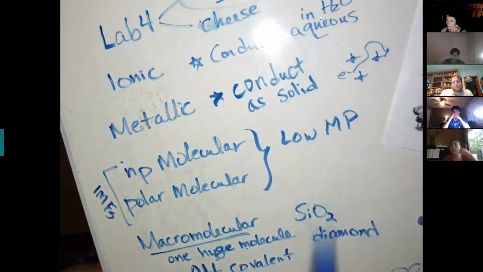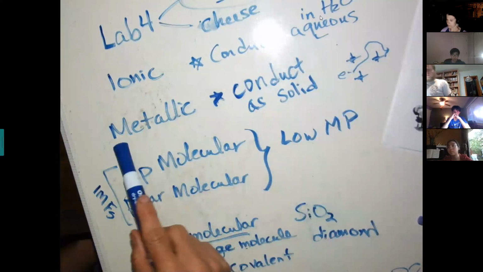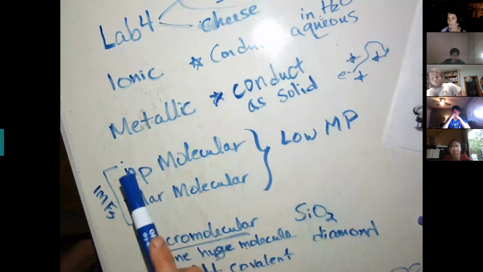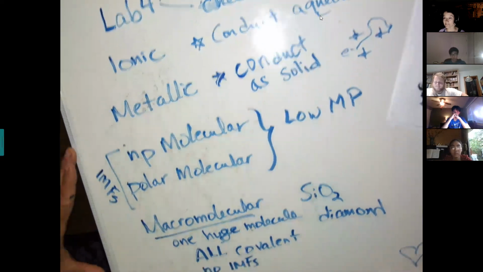And so when you give your reasoning, like for ionic, you would just say it conducts aqueous. For metallic, it conducts as a solid. And then Joey, my Joey, did the post-lab question, and he did not complete it. And so actually the gnomes didn't complete it. So you just have to tell them what more tests they have to do to distinguish each one. And I just realized I didn't finish.